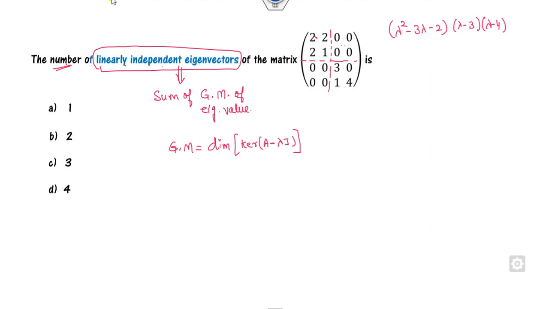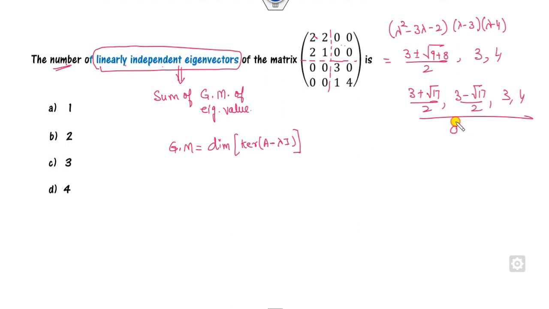What are the factors of this? It can be written as 3 plus minus square root of 9 plus 8 over 2, and this is 3, 4. Clearly this is the unique value. It is minus 3 and 4.